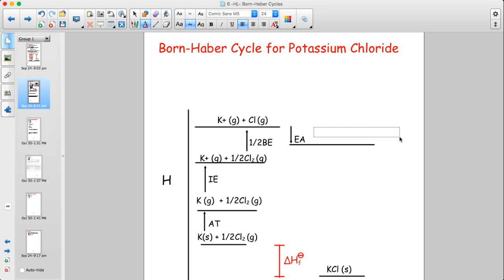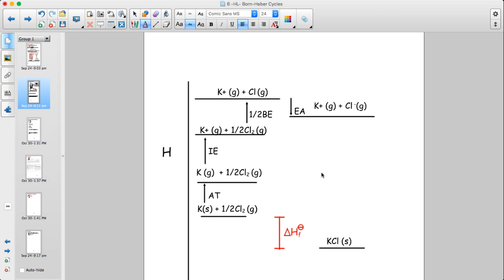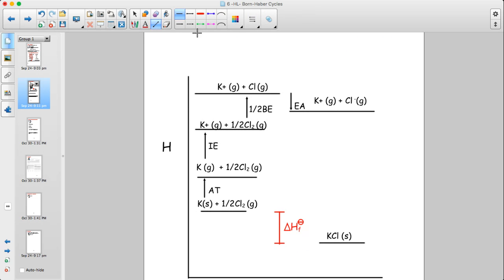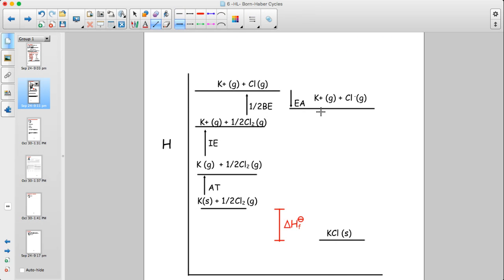And here we are now. And so now I'm ending up with Cl minus. And then the very last change, and the one that really overall is the most important for why enthalpies of formation of ionic compounds are exothermic, is this one.